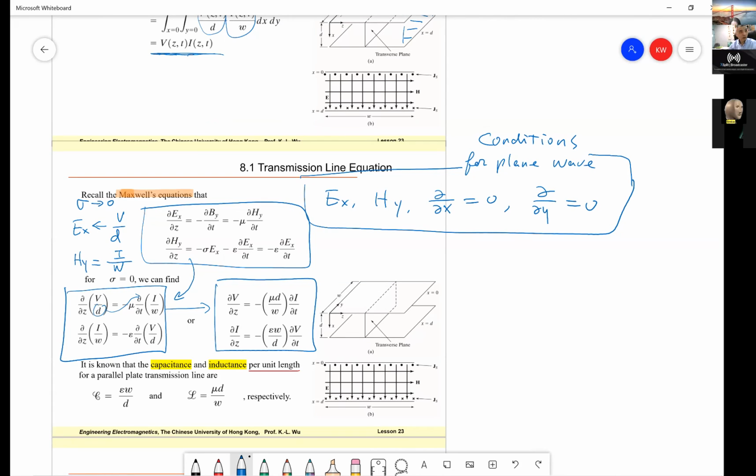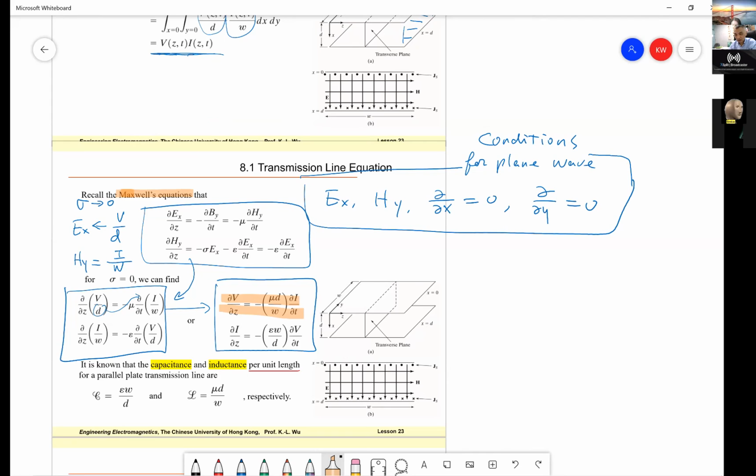Now we can see, take a look at this equation. What does that mean?